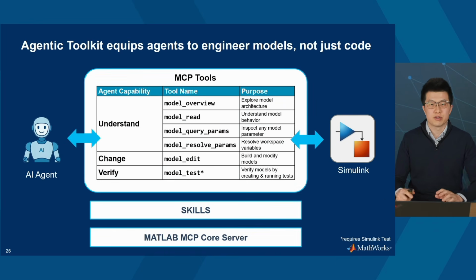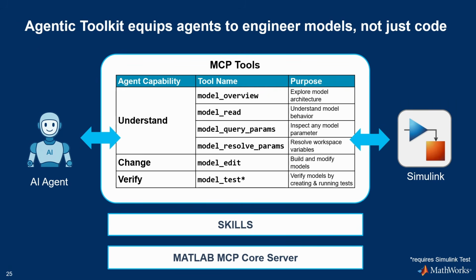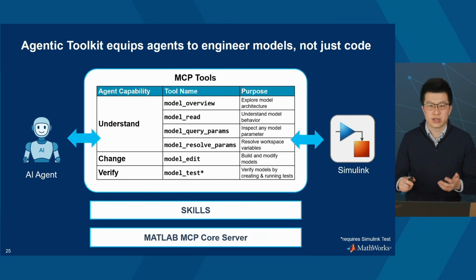So here I'm showing the full set of MCP tools that the AI agent can use to interact with Simulink. And they're organized into 3 categories: understand, change, and verify. We have tools that provide the agent with structured access to information from the model, like architecture, model composition, parameters, and variables. There is a dedicated tool for creating and modifying models.